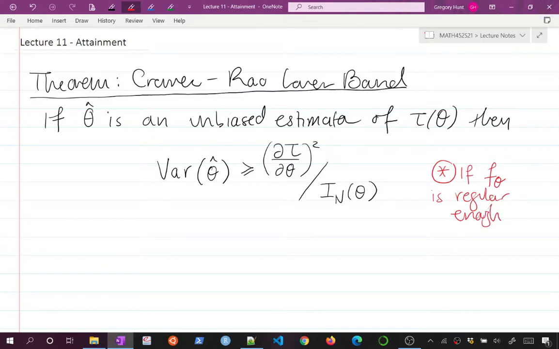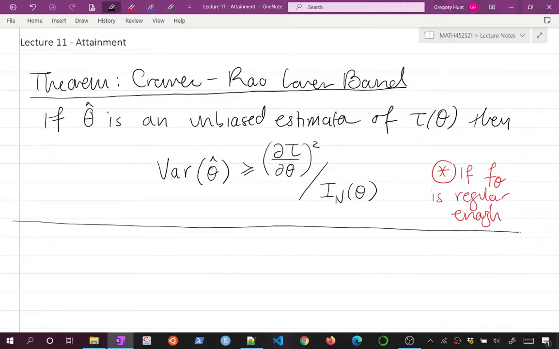And basically, for one-dimensional parameters, for just some number theta, this is going to pretty much coincide with situations where it will work for one-parameter exponential families, and will not work for distributions or families of distributions where the support of the distribution depends on the unknown parameter theta. So that's, in a nutshell, the Cramer-Rao lower bound.